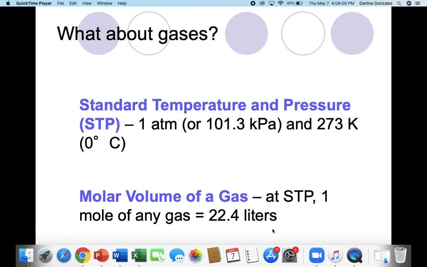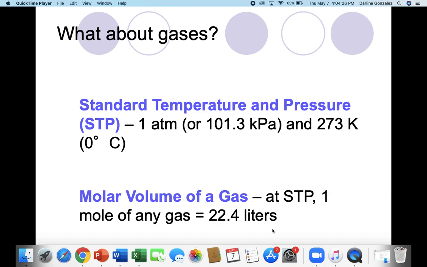Also take the volume of gases. If you look at your stoichiometry mole island sheet, you have volume of solutions, which is what we just did, but you also have volumes of gases. So if you remember our gas laws, standard temperature and pressure meant 1 atm or 101.3 kPa or 101,300 Pa, things like that, at 273 degrees Kelvin.